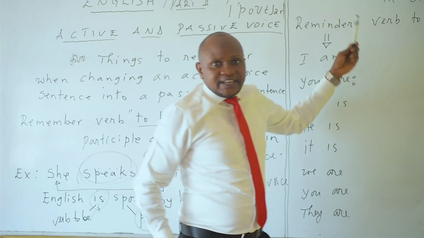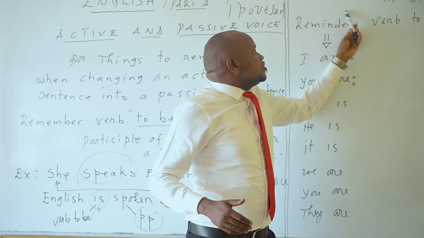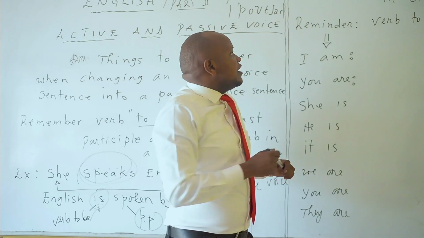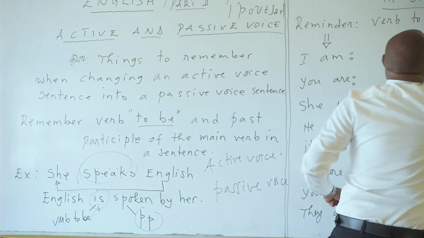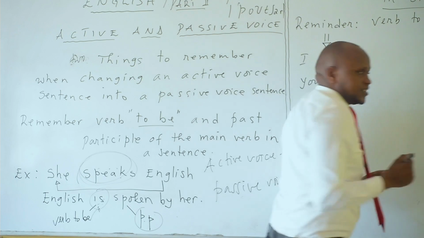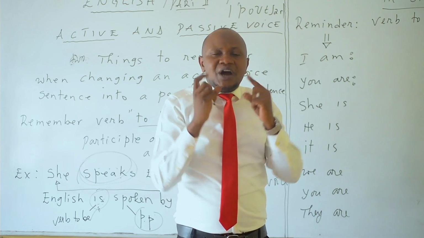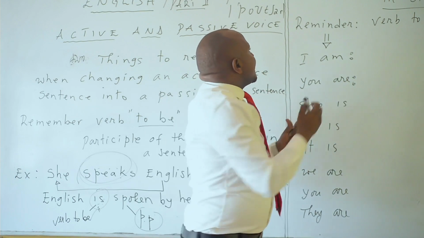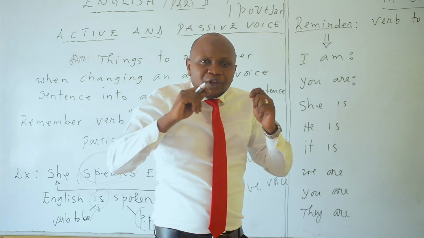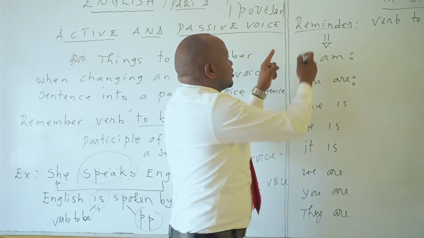In simple present, we are going to remind you here. Yes, first of all, we are going to focus on active and passive voice in simple present. Tugiye kureba active, passive voice in simple present. Muri simple present. Reminder. Kugira ngo uhindure interuro riva muri active ijya muri passive, you should remember this.